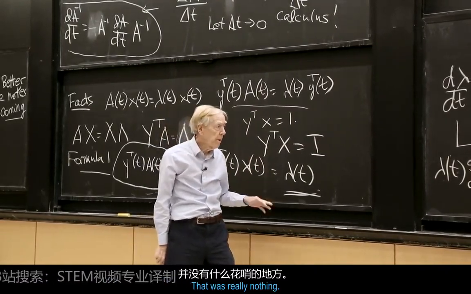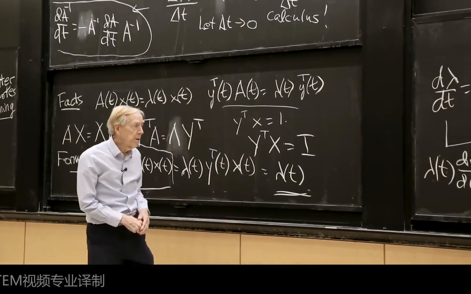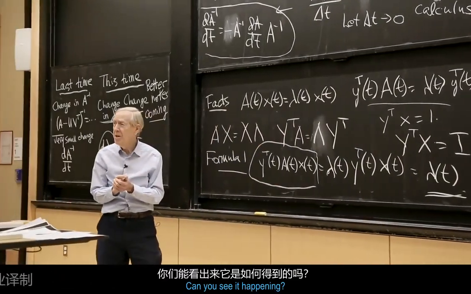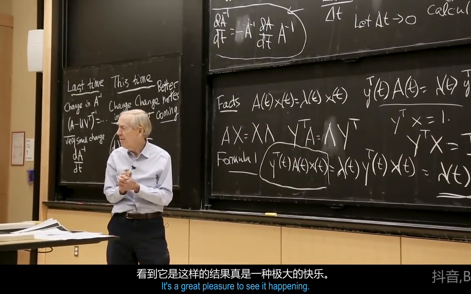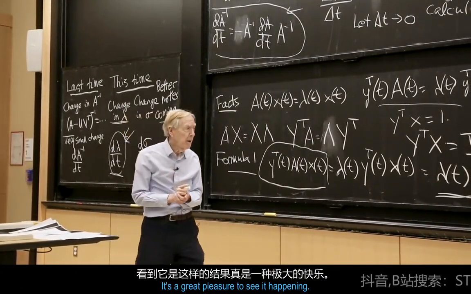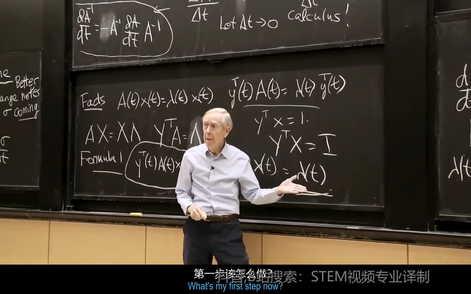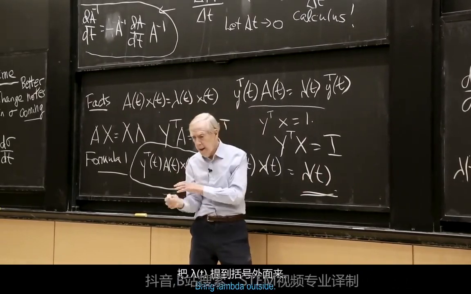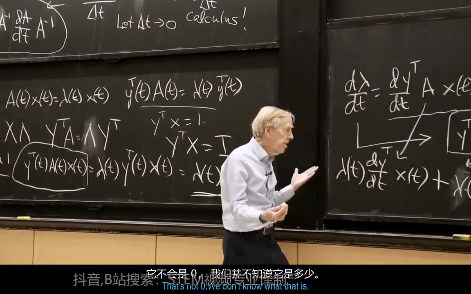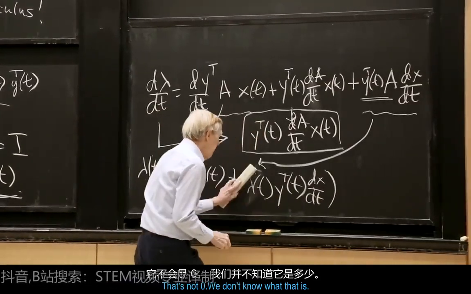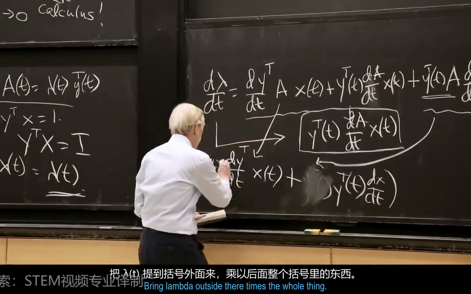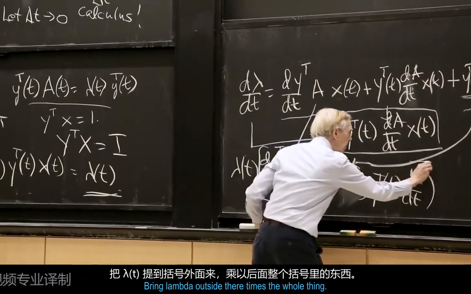I just used A x equal lambda x there. That was really nothing. Now what do I do? I want this to be 0. Can you see it happening? It's a great pleasure to see it happening. So what do I have here? What's my first step now? Bring lambda outside. That's not 0. We don't know what that is. Bring lambda outside there times the whole thing.